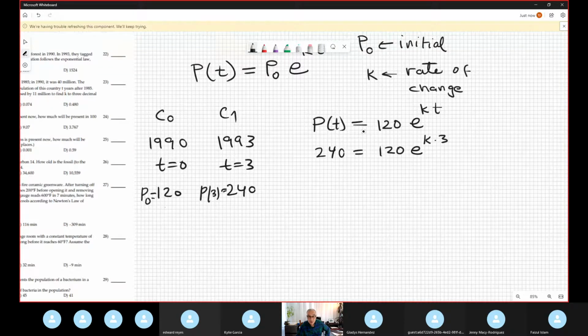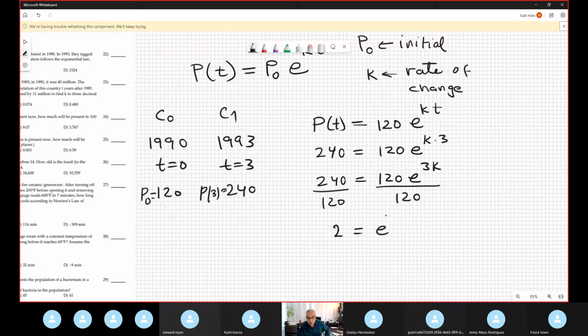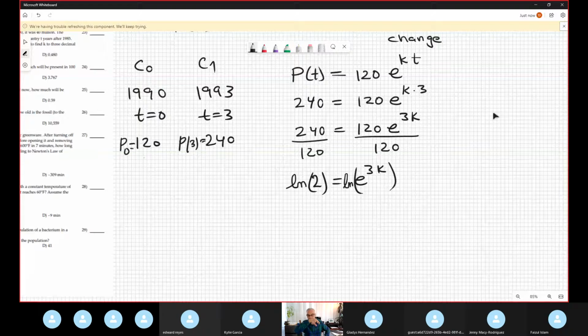Here is how you solve it. You go with 240 equals 120 e to the 3k. I put the coefficient in the first place. I like that. You divide both sides by 120. It's obvious that 240 divided by 120 is 2, equals e to the 3k. Therefore, apply logarithm to both sides, because we are in front of an exponential equation where it's impossible to express both sides using a common base. The only possibility of solving this is to apply a logarithm. What kind of logarithm?